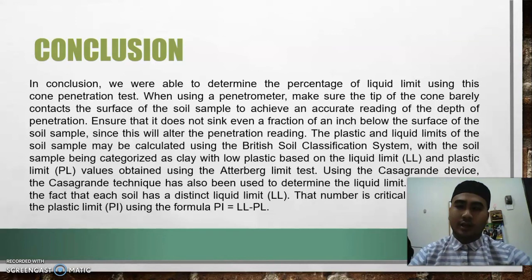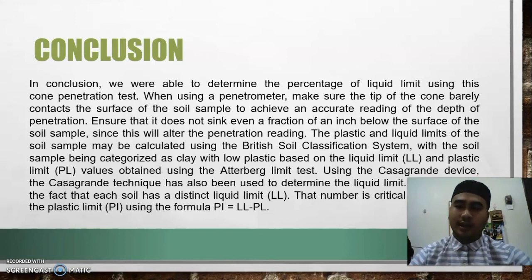The plastic and liquid limit of the soil sample may be calculated using the British soil classification system, with the soil sample being categorized as clay with low plasticity based on the liquid limit LL and plastic limit PL values obtained using the Atterberg limit test with the Casagrande device.